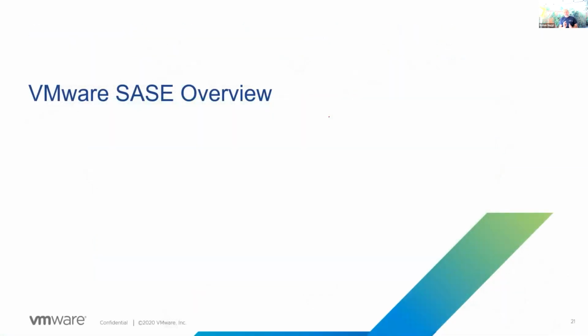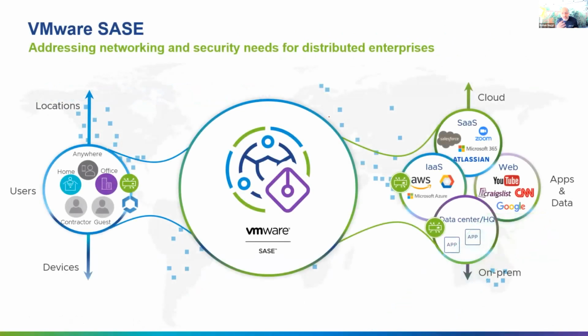So now that we understand the SASE framework, it's a framework that has solutions or capabilities around networking and security. Let's get into the VMware SASE architecture. This is how the VMware SASE architecture looks. Irrespective of your location, users, or devices, you'll be connected to the nearest SASE POP.